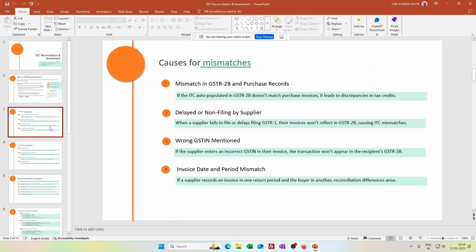You have purchased an item in December. Naturally, you will expect it to be reflected in the December return filing by the supplier. But they are filing in the March quarter, that means after the December quarter. So the period mismatch can also affect the differences, mismatching as per your record and as per the GST portal.